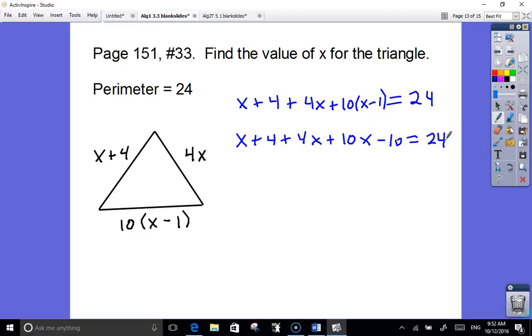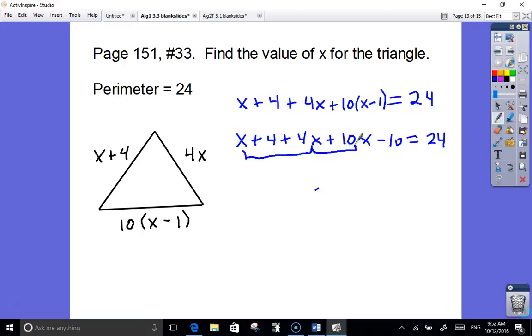Okay, now what are all the like terms on the left side? 4x, 4, and 10x, and the x. No, how many x terms? What are the x terms? 1x is there, 4 x's are there, and 10 x's are there.